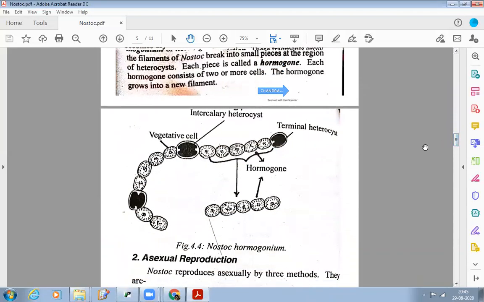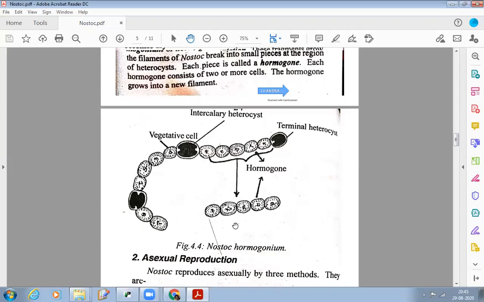In this diagram we can clearly see the Nostoc hormogonium. This is a terminal heterocyst. This is an intercalary heterocyst. This portion is a hormogone.